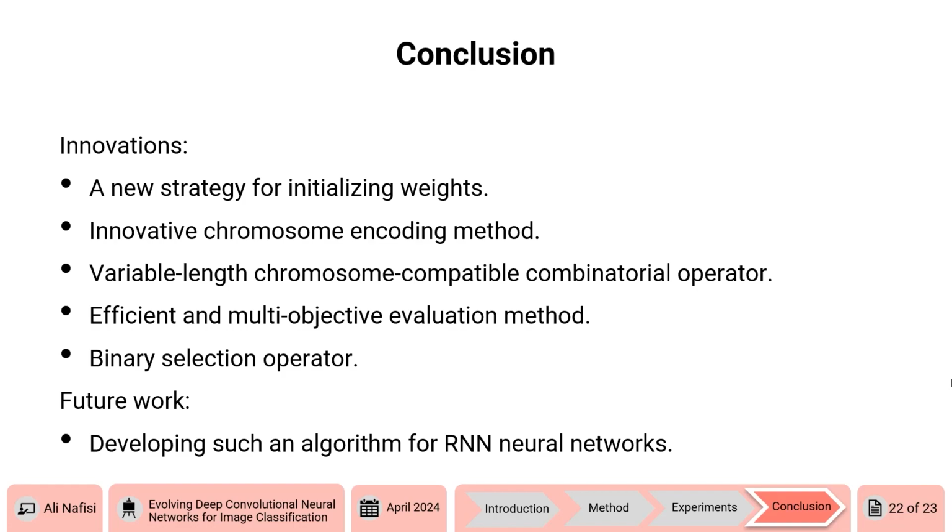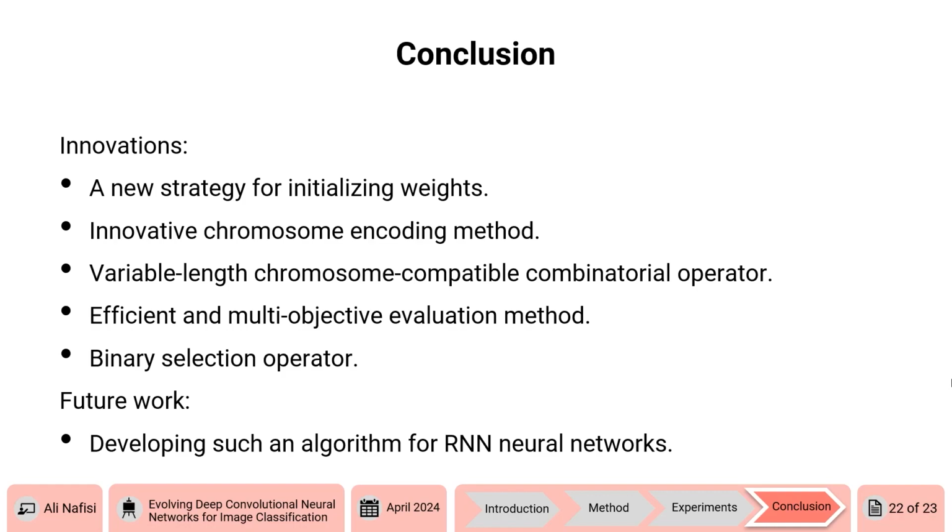It had a new, innovative, novel chromosome encoding method, a variable length encoding representation. And it designed some mutation and crossover methods to support their representation, and that was also novel.